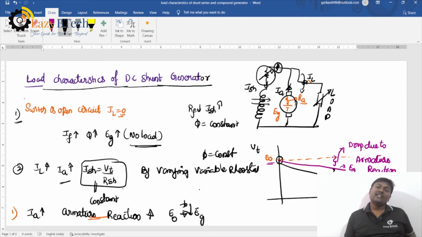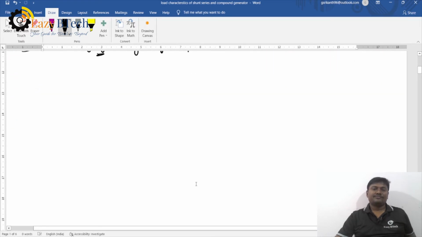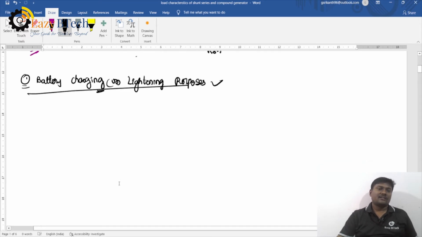To indicate the field current, we can place one ammeter in series with the field and one ammeter in series with the load. These are the applications of DC shunt generator, and this is also very important.